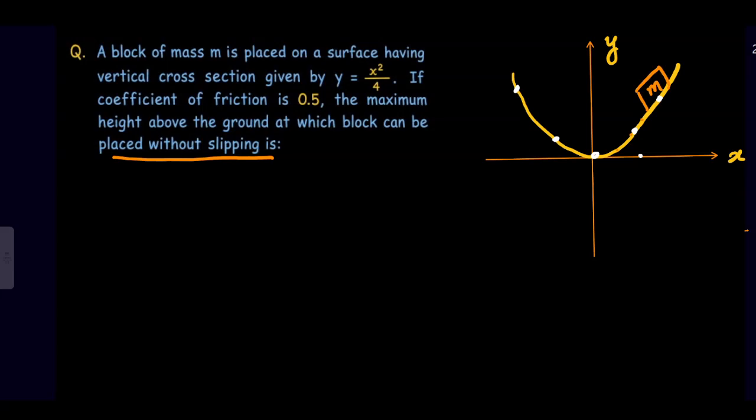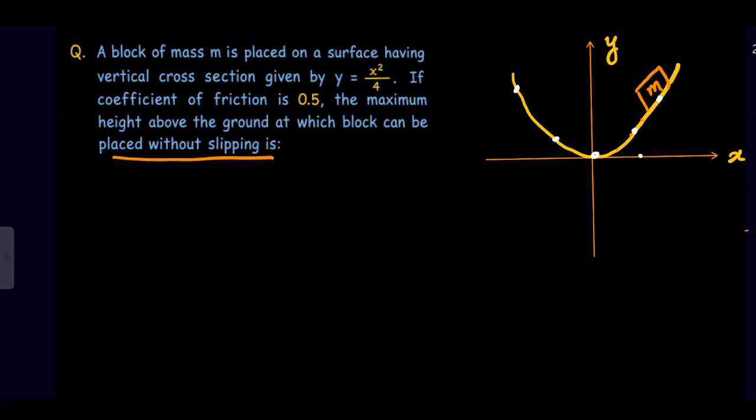That's what they ask you, right? When the block tries to slide down, friction tries to oppose. So the frictional force and the sliding force will balance. The body is at rest only, right? That location they ask you.